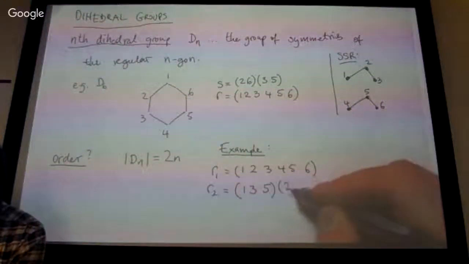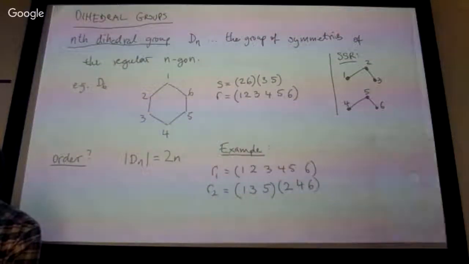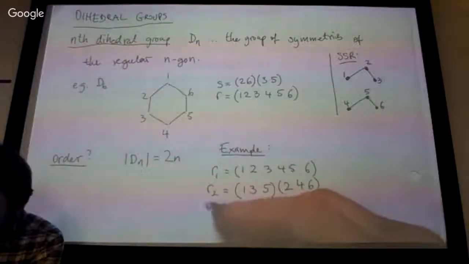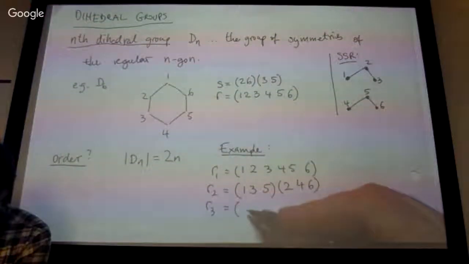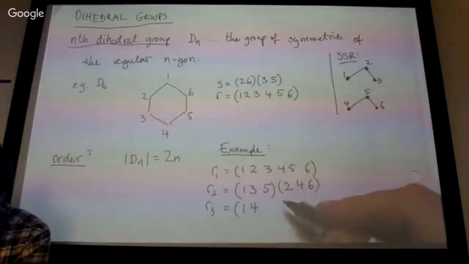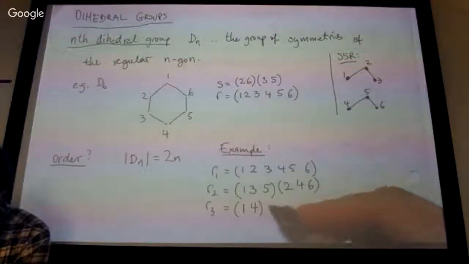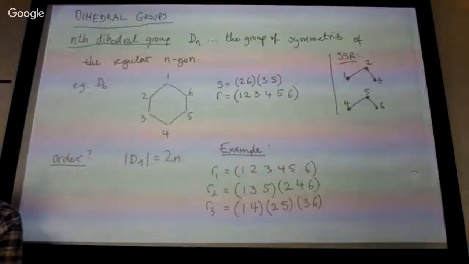So where does 2 go? 2 goes to 4. 4 goes to 6. Okay, that's the one. Then we have the third rotation, starting to be boring. 1 goes to 4, and 4 goes to 1. 2 goes to 5, and 5 goes to 2, and 3 goes to 6, and 6 goes to 3.